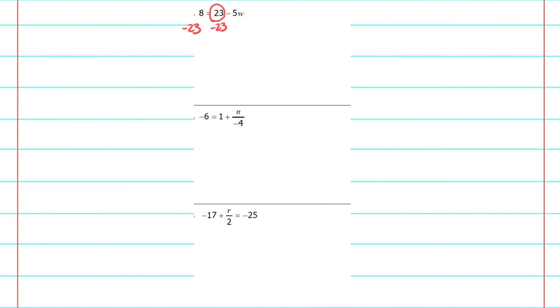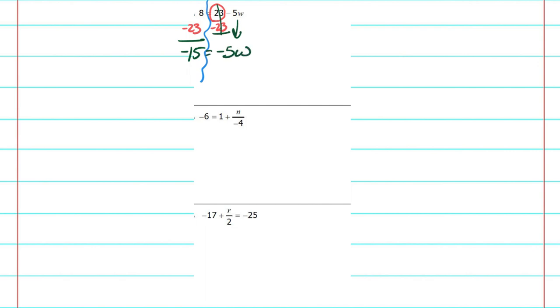Remember, we used to do the little squiggly line river that we don't do anything on either side. If that helps, do it. If not, don't worry about that. Okay, so 23 minus 23, that cancels out. 8 minus 23 will give me negative 15. Bringing the information down now, so I have equals negative 5w.